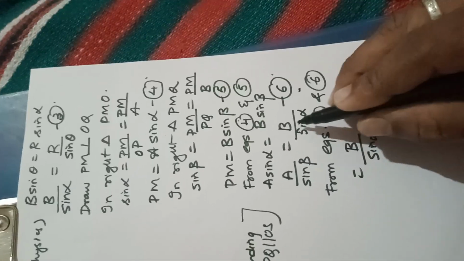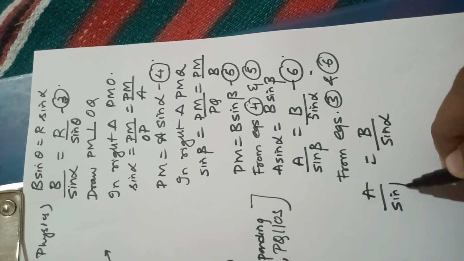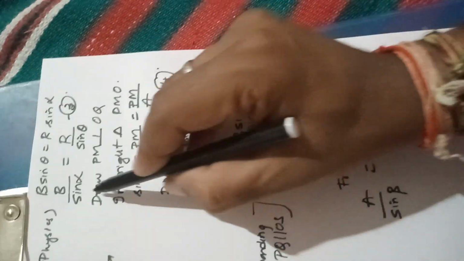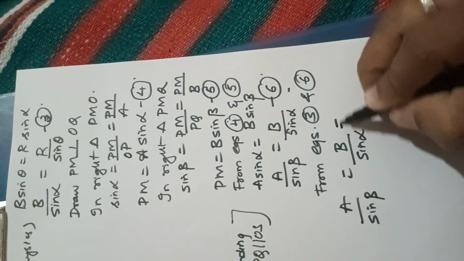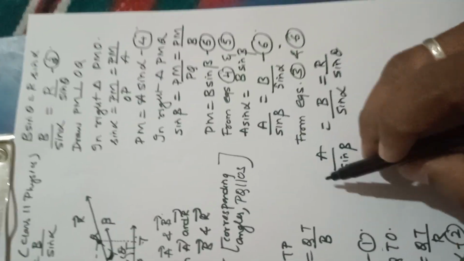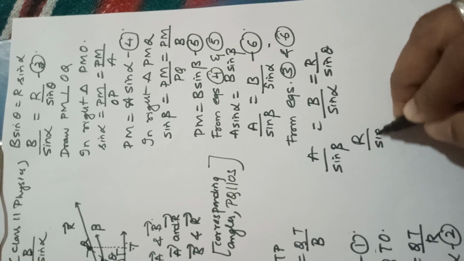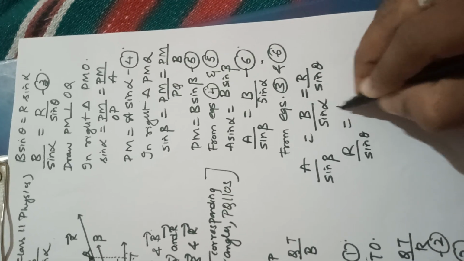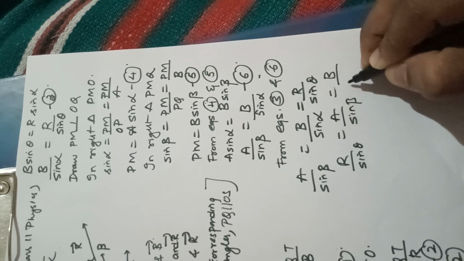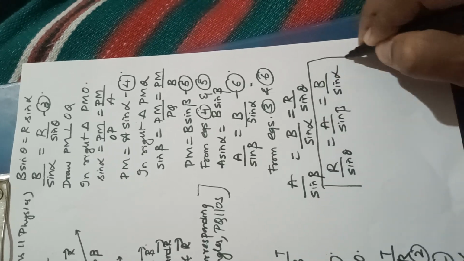B by sin alpha is equal to A by sin beta, as per equation 6, and B by sin alpha is equal to R by sin theta, from equation 3. So if we rewrite this, first R by sin theta, then A by sin beta, and then B by sin alpha, and this is what we were supposed to derive.